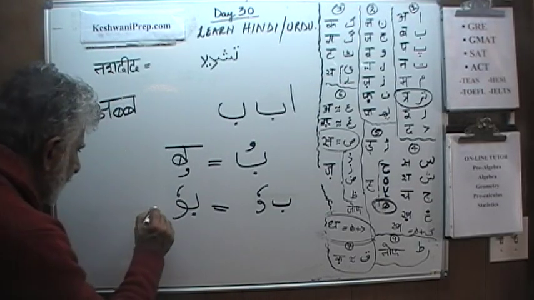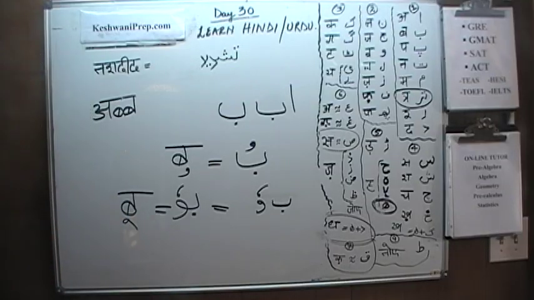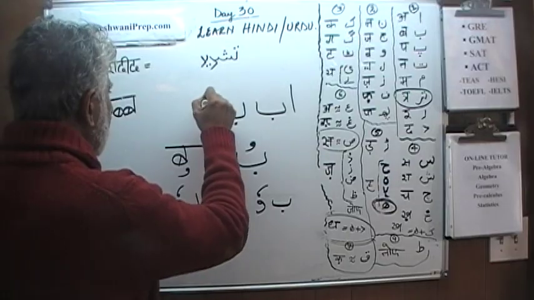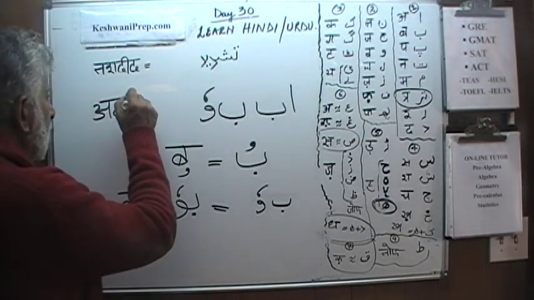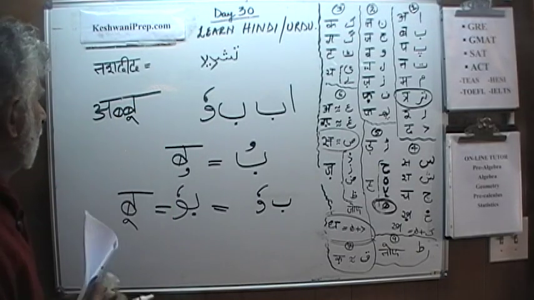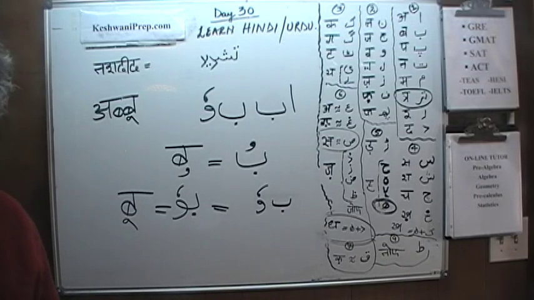And that is this. That's what we need here. We need a vowel and ulta pesh. And now it reads abbu. So the second guy is going to take this. There you go. Abbu. I hope I did it correctly. Yep, that is right. Abbu.